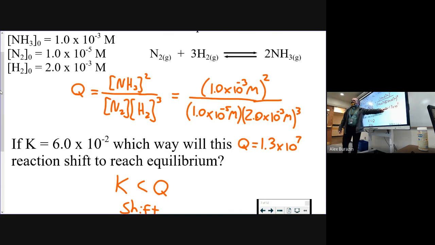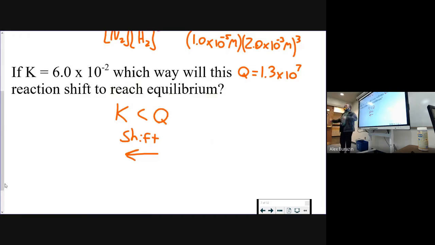That number is bigger than 1, way bigger than 1, and it's supposed to be this. If we have too many products, we must shift left to make more reactant and use that product up. Okay, that's how you think about it, right? But again, you can take the thinking out of it by just setting up your inequality in alphabetical order. Make sense?